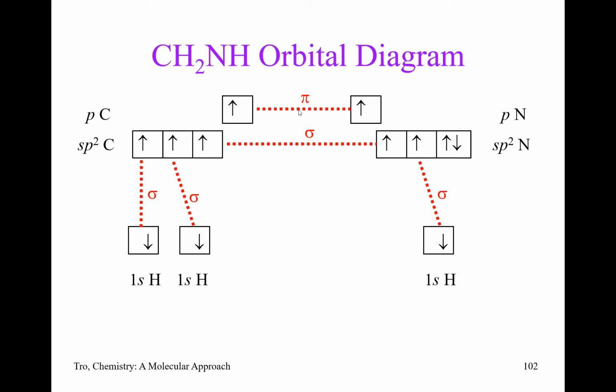So the pi bond makes the carbon-nitrogen bond a double bond, right? A sigma and a pi means double. So a double and 2 singles. The nitrogen then, same thing, but there's only 1 single bond to the hydrogen because the extra electron on nitrogen makes a lone pair.